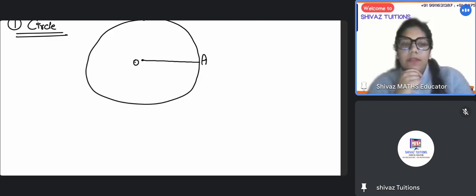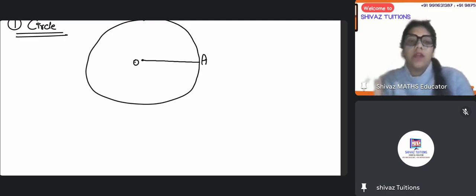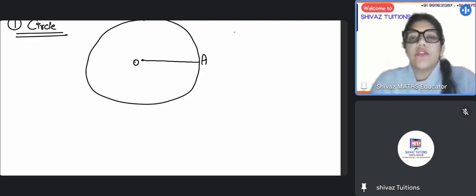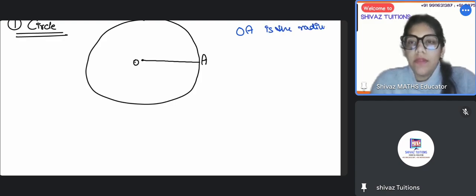Dhanurvi, can you tell me? Actually, OA is the radius of the circle. OA is the radius of the circle. This is the first point.